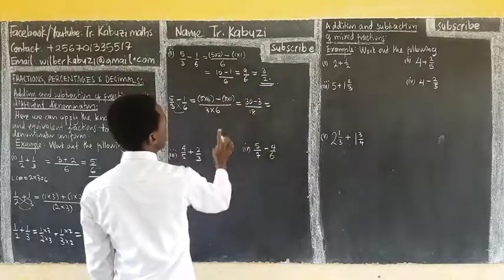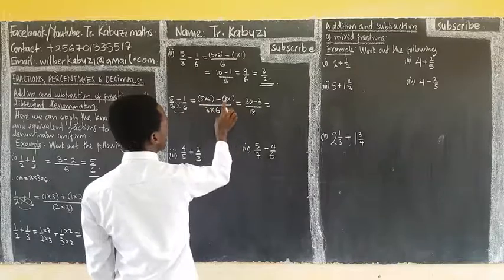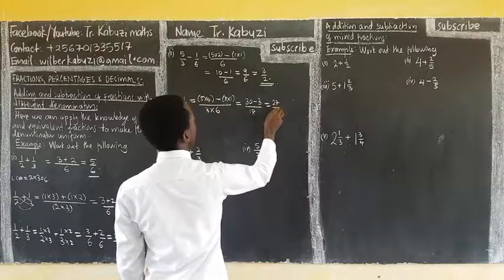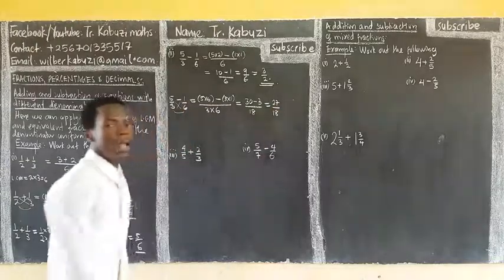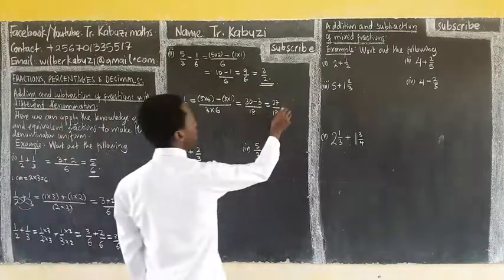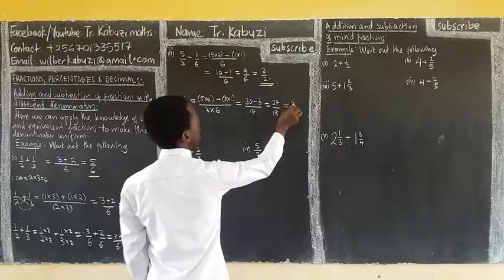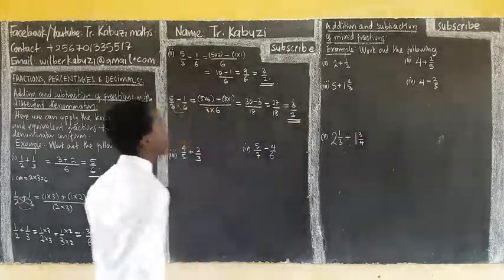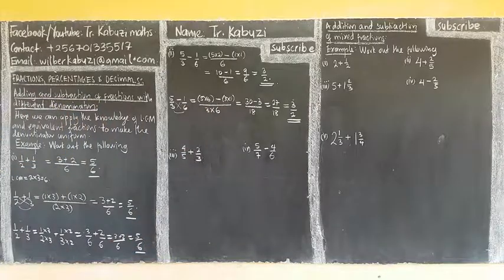Multiply this and this, we get 18. 5 times 6 is 30, 3 times 1 is 3. So here you have 27 over 18. Which number can divide both? We can divide by 9. 9 goes here 3 times, 9 goes here 2 times. The answer is the same. So it's up to you. Any method you use gives you the same answer.